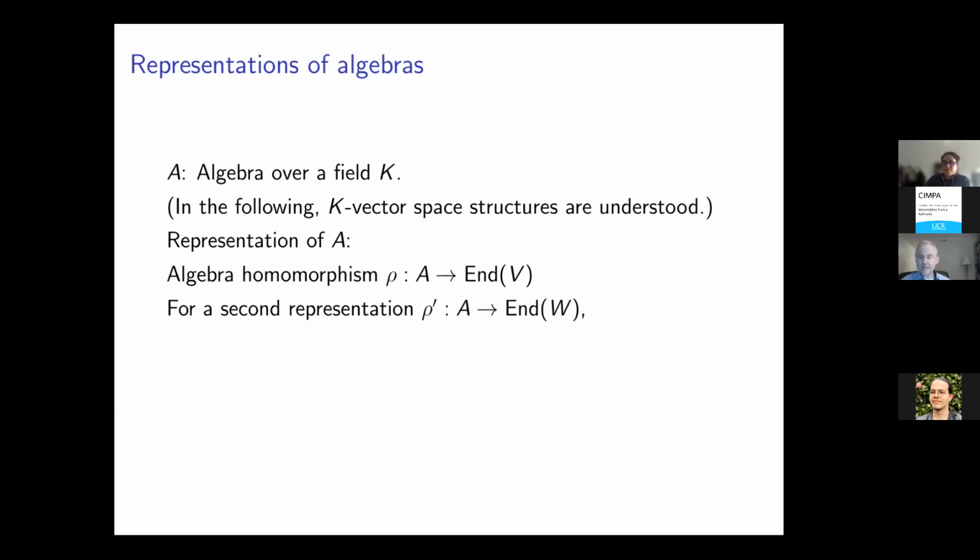So we take a second representation, taking values in the endomorphisms of another vector space W, and then the map that maps a to rho(a) tensor rho prime(a).